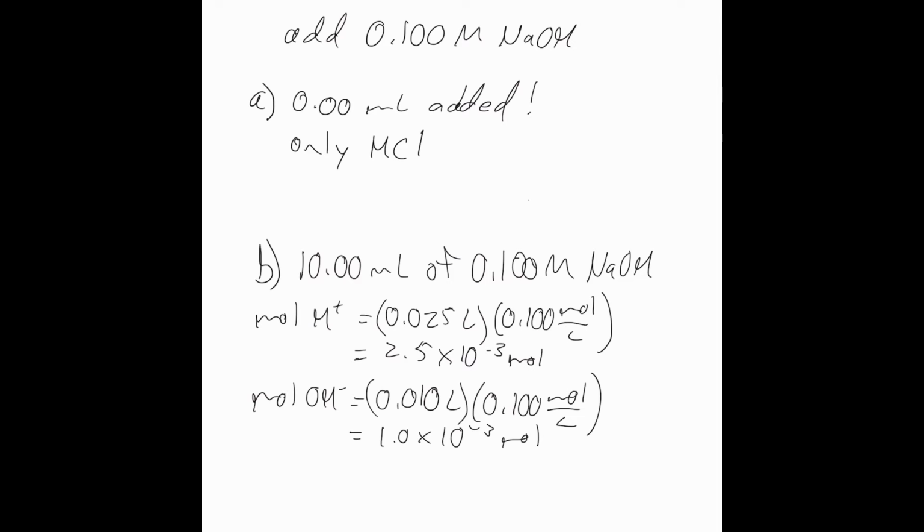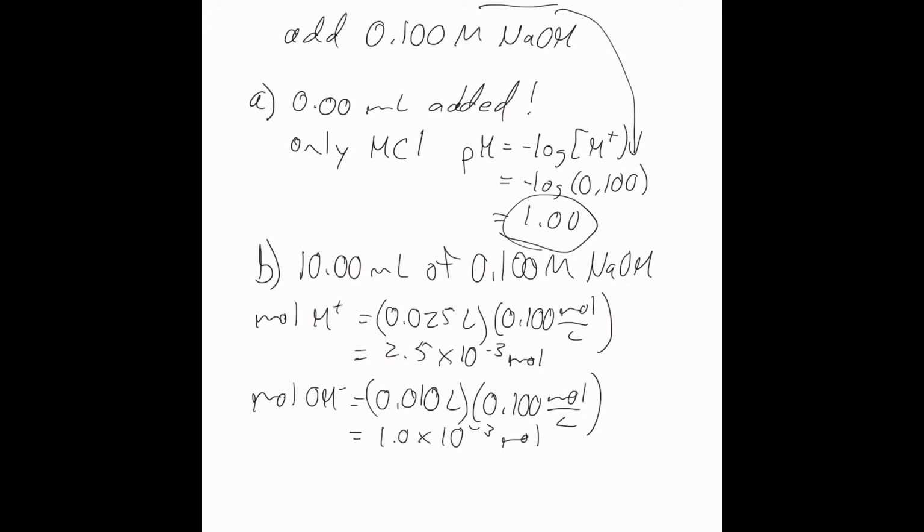All we have at that point is HCl, so we don't need to figure out moles because we know the pH is just the negative log of the H+ concentration, which is the negative log of 0.1, and that's equal to 1.0. So the pH before we started is 1.0, which makes sense for HCl.